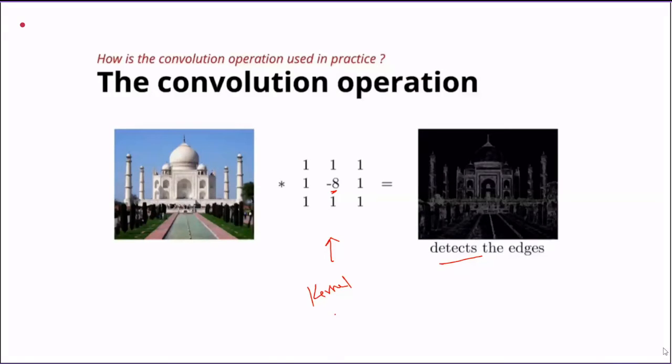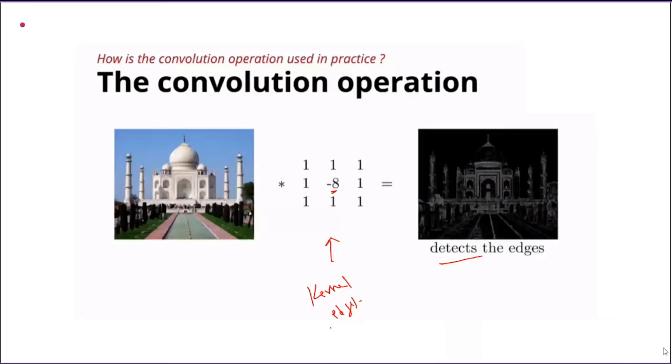When we increase the number of kernels in a convolution operation, each and every kernel will detect some features from the image. In this case, it is detecting the edges. In some other case, it may identify shapes.